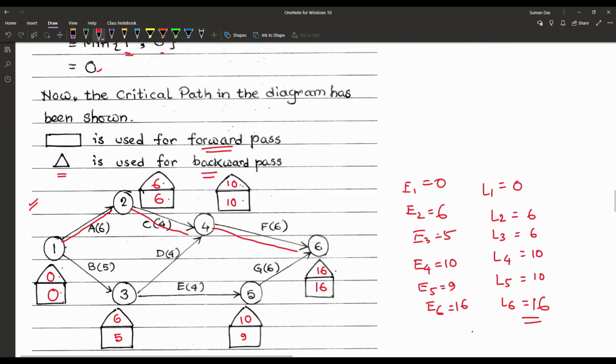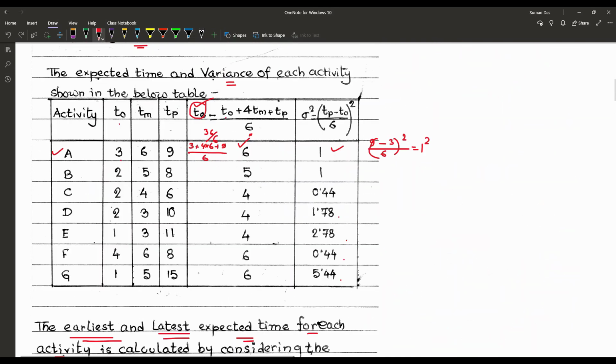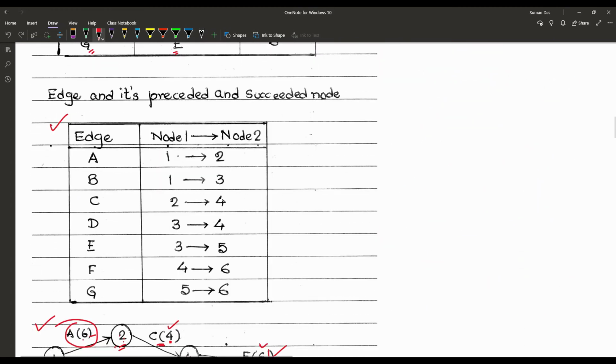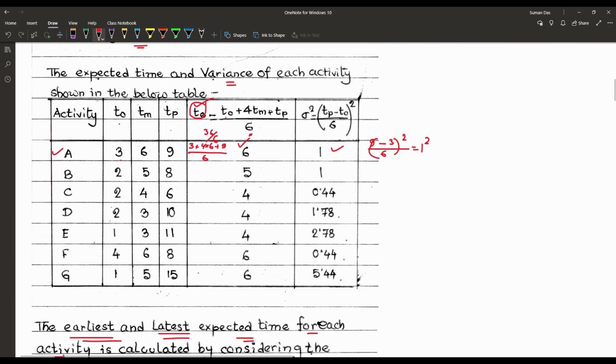From the table, 1 to 2 is A, 2 to 4 is C and 4 to 6 is F. So let's check A, C and F. A has 1, C has 0.04 and F has 0.04.